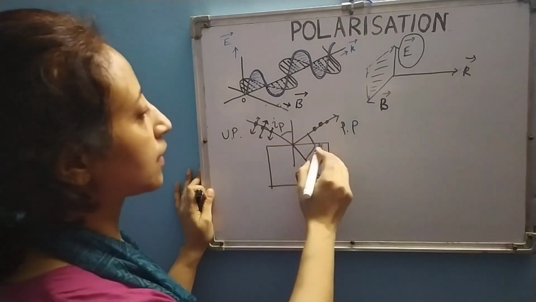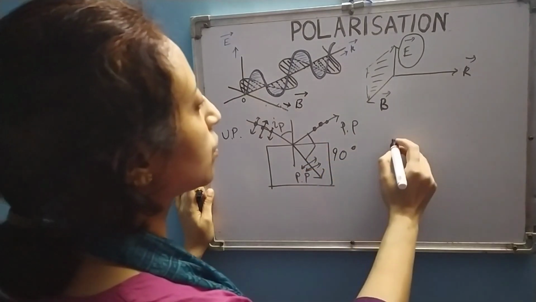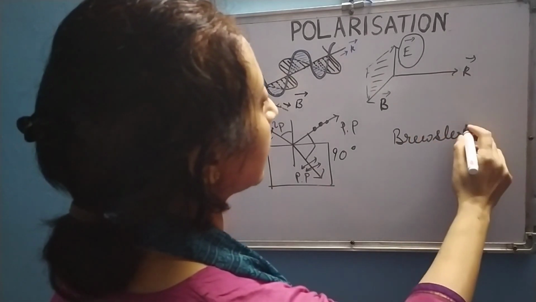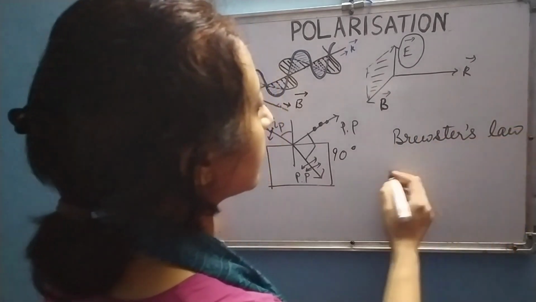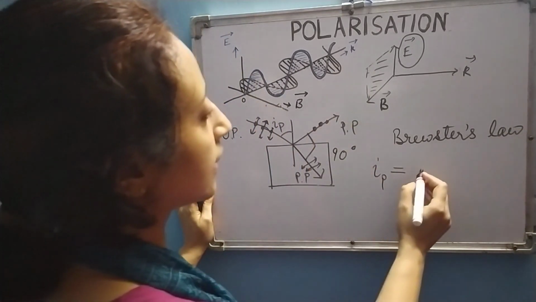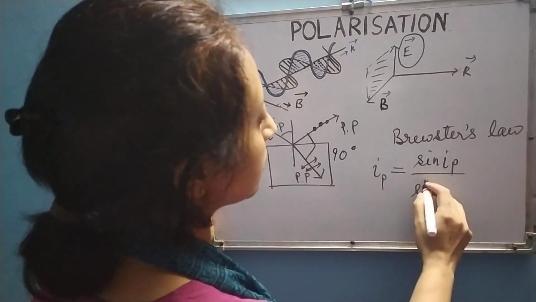Okay, so this particular condition is called Brewster's law. This means that if the angle of incidence is such that the angle between the reflected and transmitted ray is 90 degrees, then this condition is satisfied.